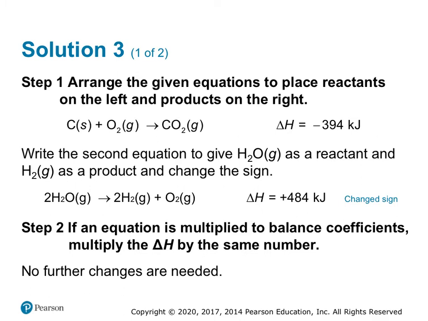So I'm going to take the equations and rearrange them if needed so I can get reactants on the left and products on the right. In my target equation I had carbon as a reactant, so I'm going to leave the first equation, equation 1, in the same direction as I had it.